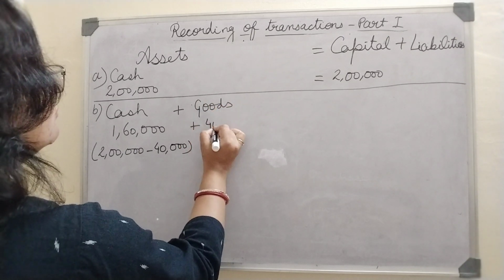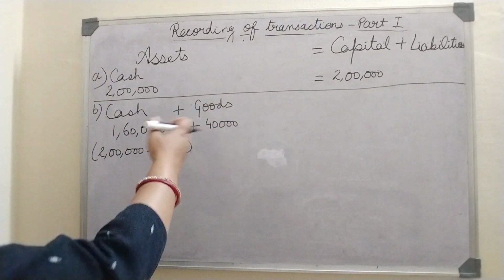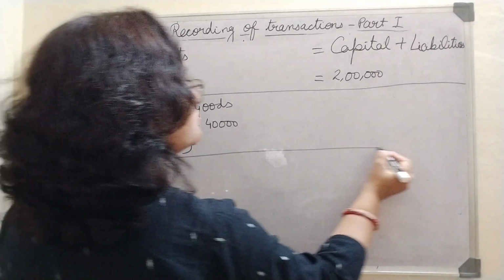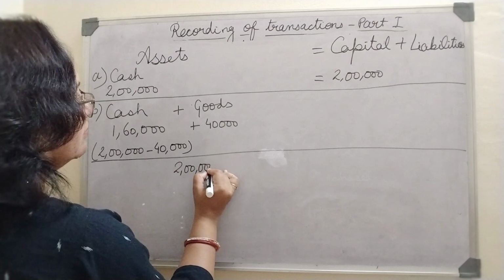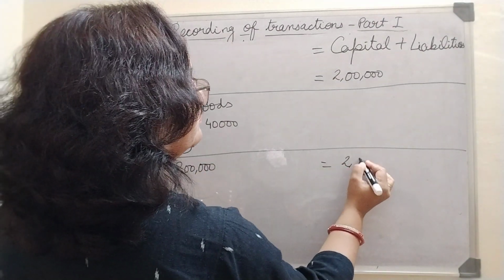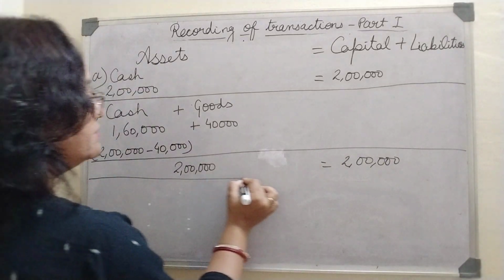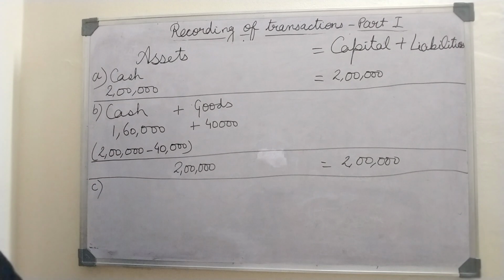How much? 40,000. So that side is not affected. Same side is affected. So again, the total comes to 2 lakh. Alright, I hope it is clear to everyone. Now we move to the third one.